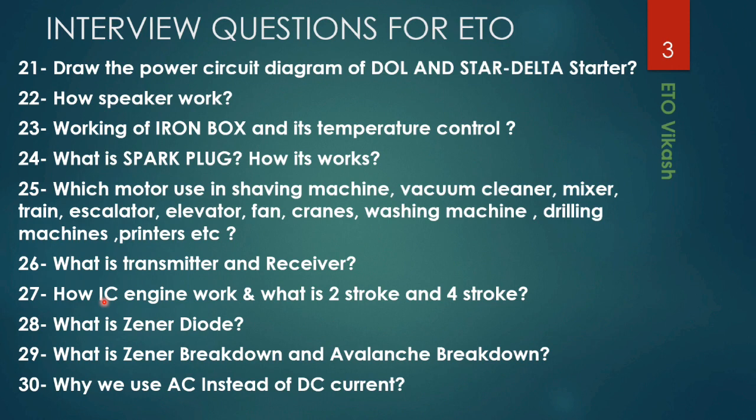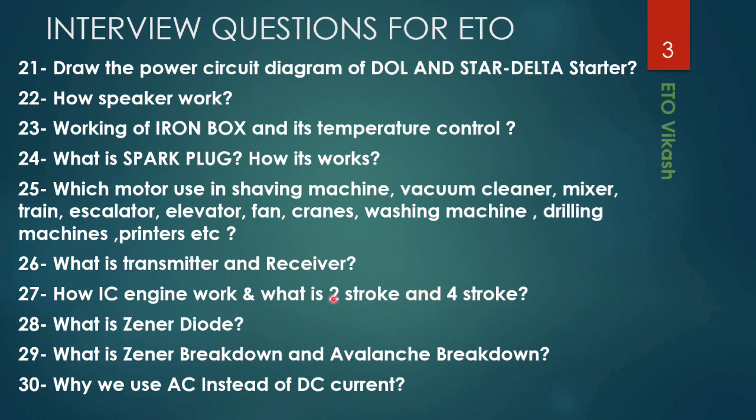This is the 4-stroke working. What is the difference between 2-stroke and 4-stroke? For every 2 strokes there is one power stroke. The 2-stroke engine is like what we use in trucks and all these things, and the 4-stroke we use in our bike engine.